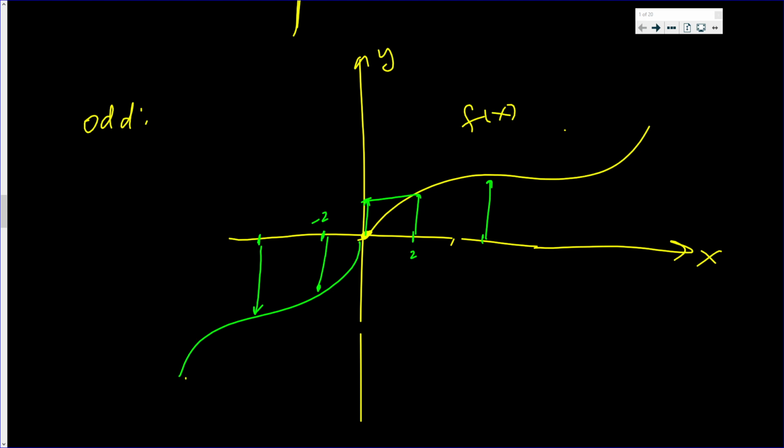Now, you could have, in theory, plotted the green part first, and then the yellow part comes for free. Or, you could have plotted the yellow part first, and the green came for free. Or, you could have plotted the yellow and green, and then verified that, yep, that's an odd function.